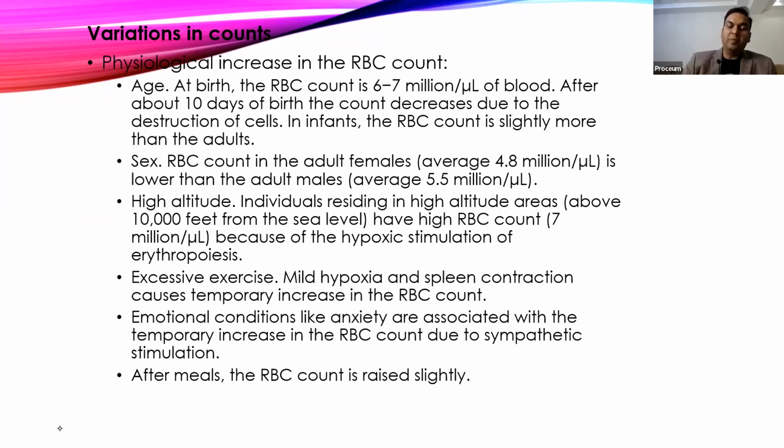Similarly, immediately after a meal, there is an increase in RBC count. Whenever you have food, the need of blood to the GI tract increases, and so to meet the supply, it will cause vasoconstriction of the skin and muscles, and blood from the muscles and skin will be diverted to the GI tract, and that will lead to increased RBC count.